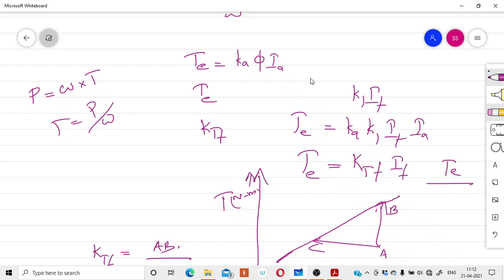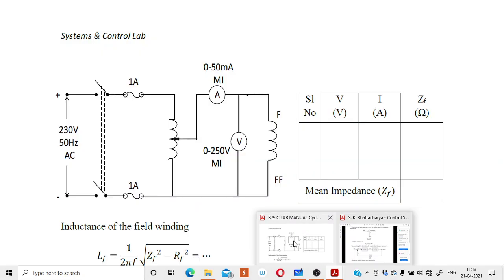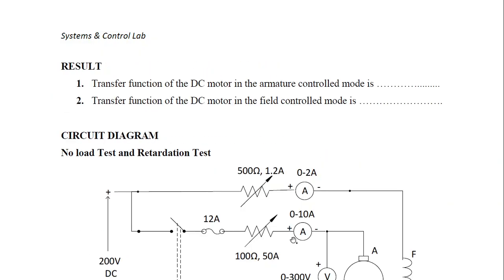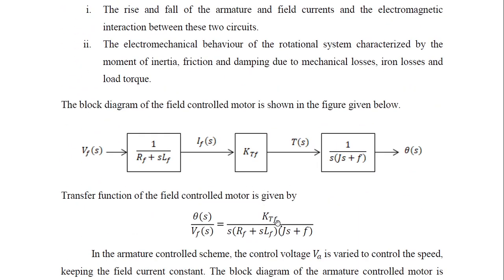So T divided by IF will be equal to KTF. That means if you draw the graph, then delta T divided by delta IF will be our KTF, that means AB divided by AC. So like this, we will get the value of this KTF in the transfer function of the field controlled DC servo motor.